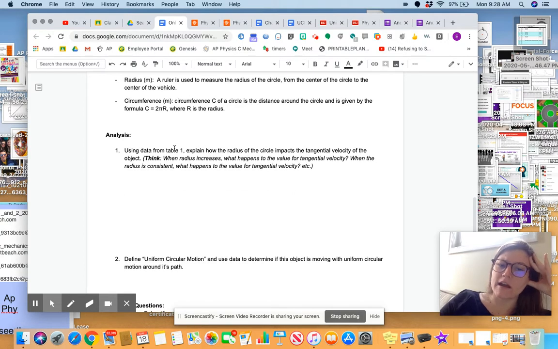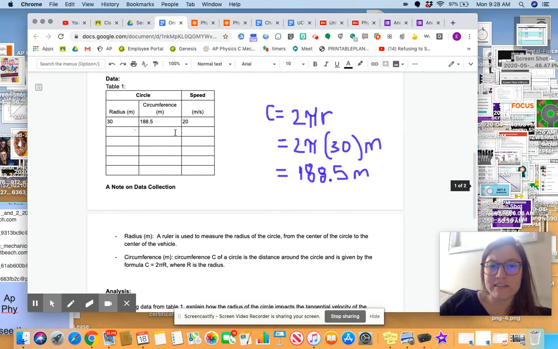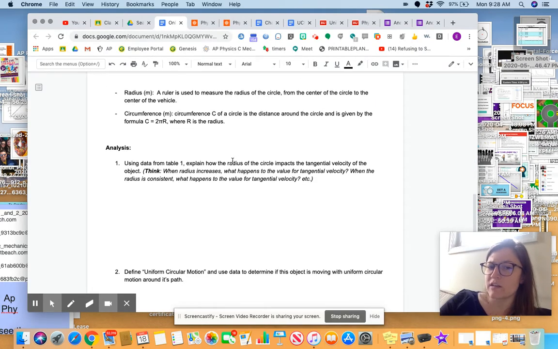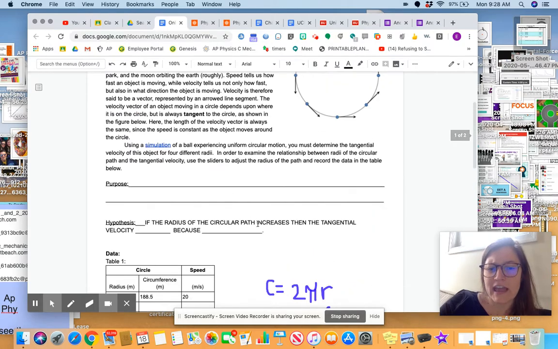Analysis question 1 asks you to use data from the table. Data means numbers, so you should be using numbers from the table to answer this question. You're going to explain how the radius of the circle impacts the tangential velocity. So basically, you're going to analyze your hypothesis, the prediction that you made.